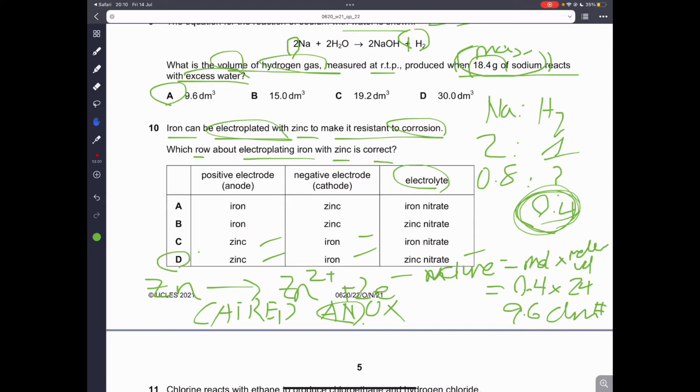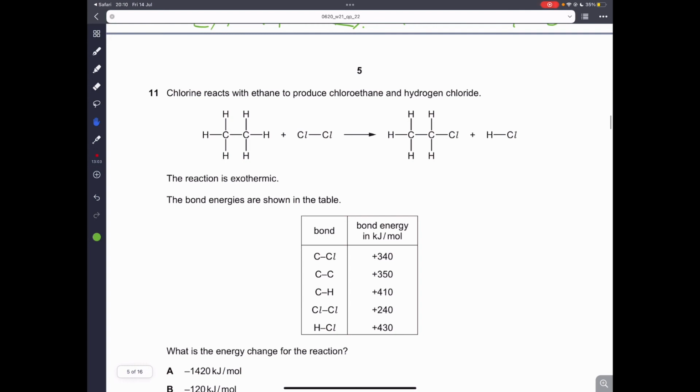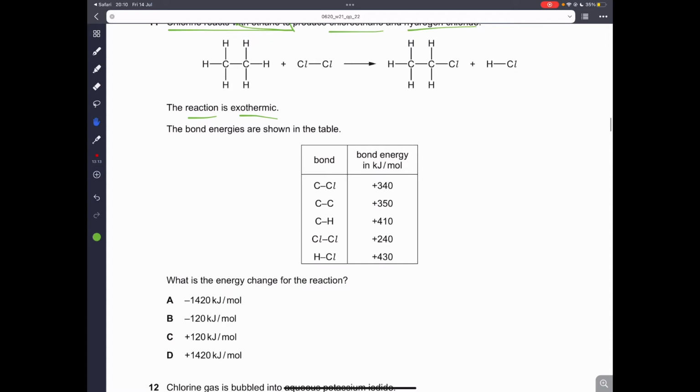Question number 11. Chlorine reacts with ethane to produce chloroethane and hydrogen chloride. The reaction is exothermic. Okay, the bond energies are shown in the table. This is an enthalpy change question. This is also a calculation question. What is the energy change for the reaction?